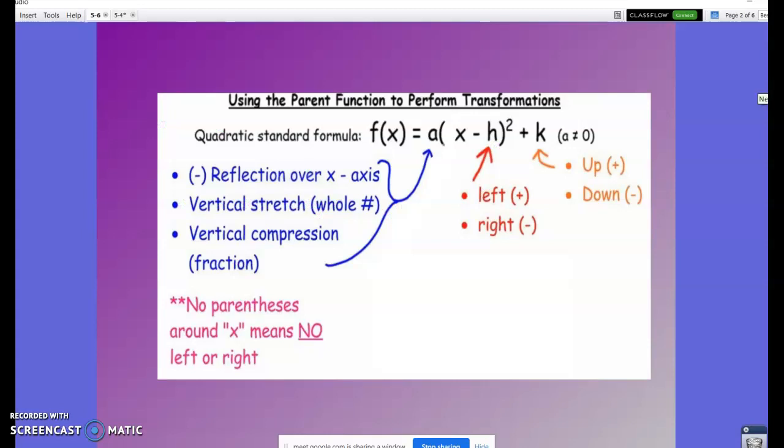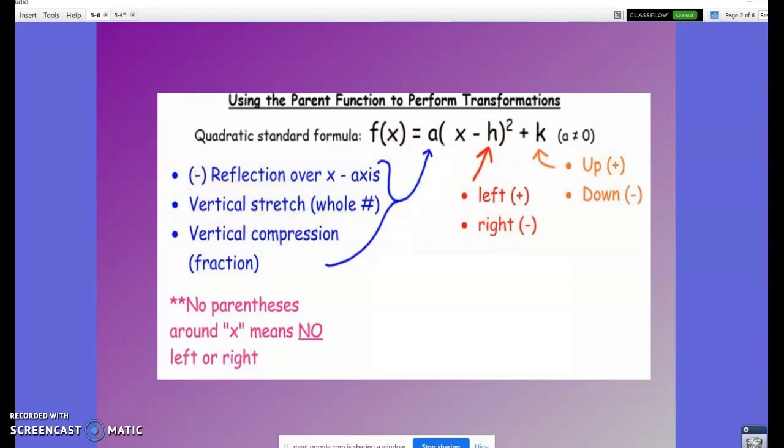This slide would be very helpful in understanding the transformations. This is from vertex form. So you have A, which is the value that tells you if it reflects or if it stretches or compresses.